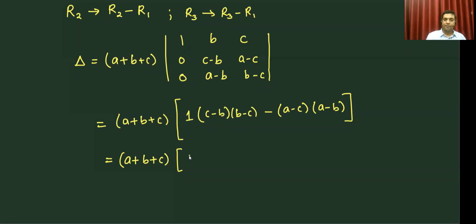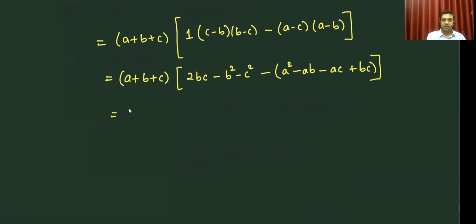So I'll get 2BC minus C square minus B square minus C square, that is the first term, minus of this is A square minus AB minus AC plus BC.